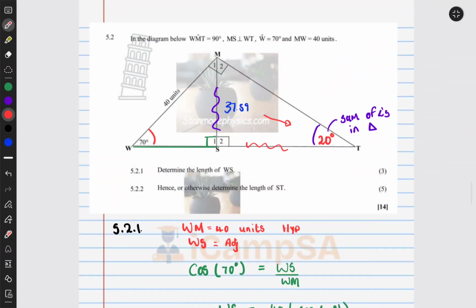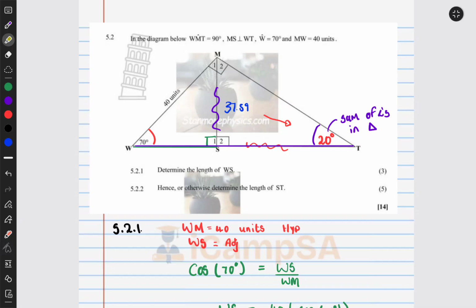You could have also calculated ST by actually calculating the entire length of WT, because in this triangle, you see this big triangle, which is also a right angle triangle.